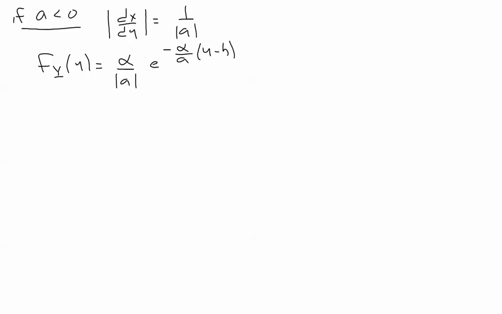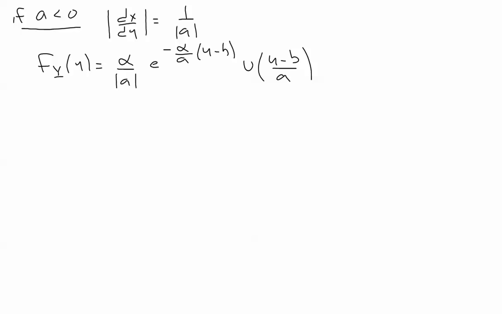You'll notice that I don't use the absolute value of a in the exponential. There I'm simply substituting x equals g inverse of y. There's no absolute value in the exponential. And then I still have to write down u of y minus b over a.